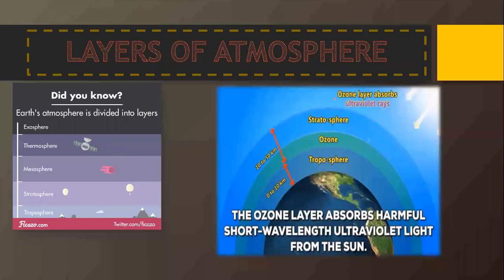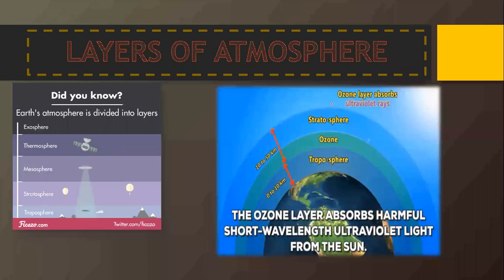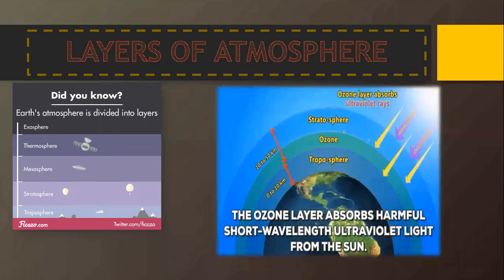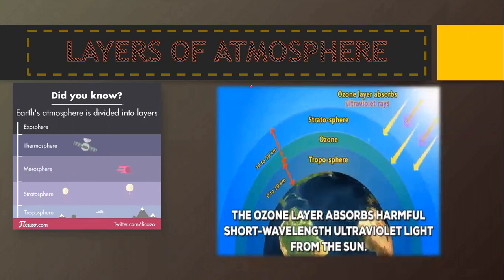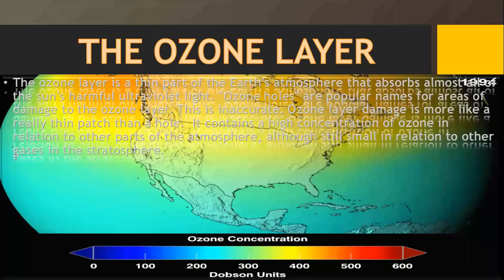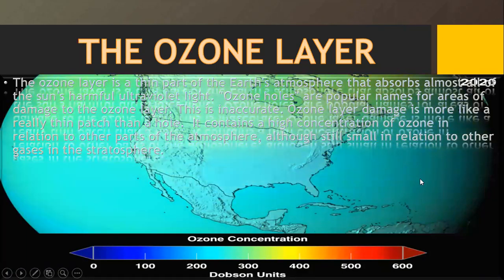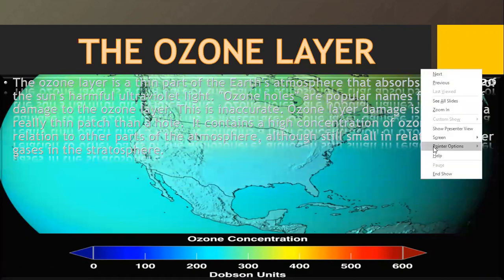You can see the layers of atmosphere on the screen clearly. The ozone layer is a thin part of the earth.